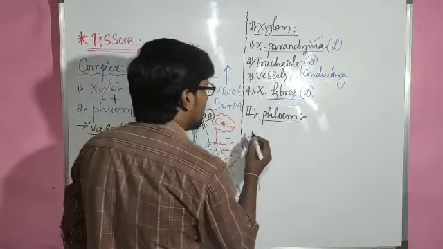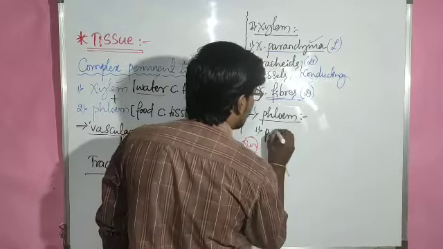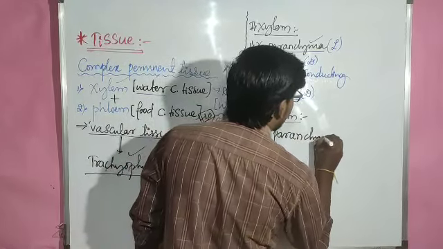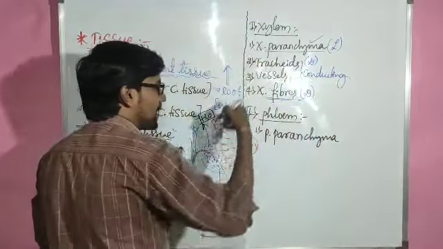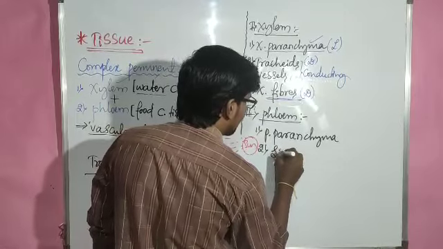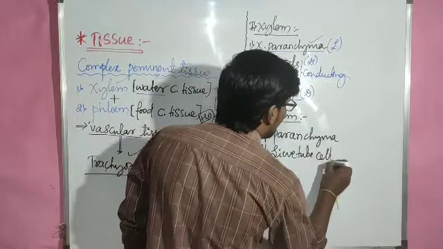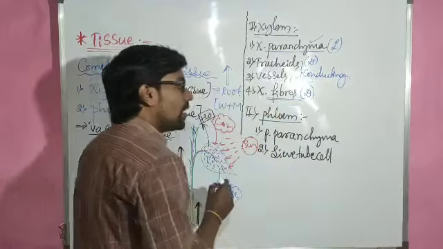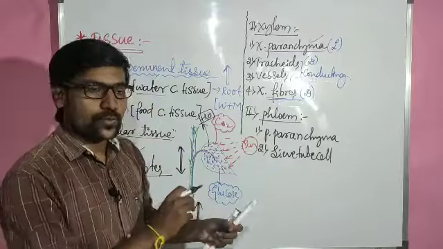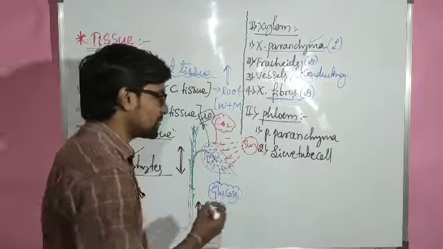So this phloem is made up of, as usual, 4 components. The first one is phloem parenchyma, just like xylem parenchyma, and the second one is the sieve tube cell, or sometimes we refer to them as sieve cells in the case of gymnosperms. Here I am talking about angiosperms, that means flowering plants.